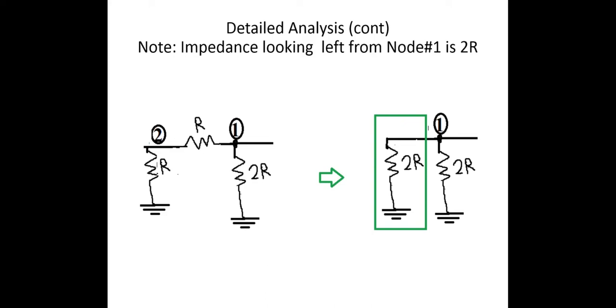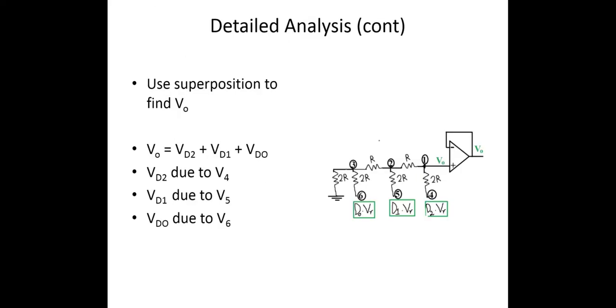So now we have this information, and we can then combine this information with superposition principle to obtain V naught. So now we apply the superposition principle to find V naught. So V naught will be sum of voltages due to V4, V5 and V6.